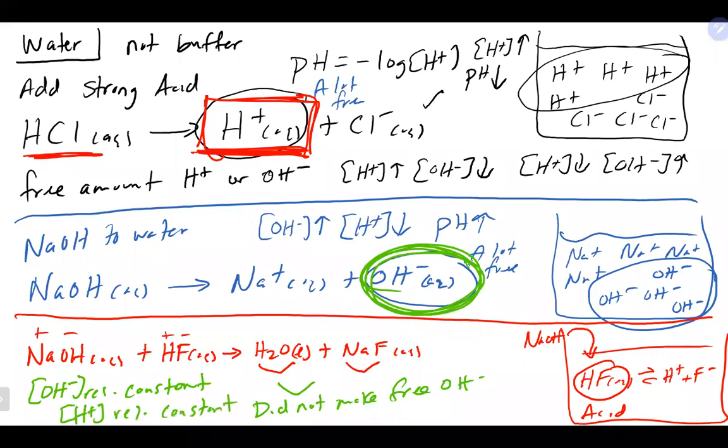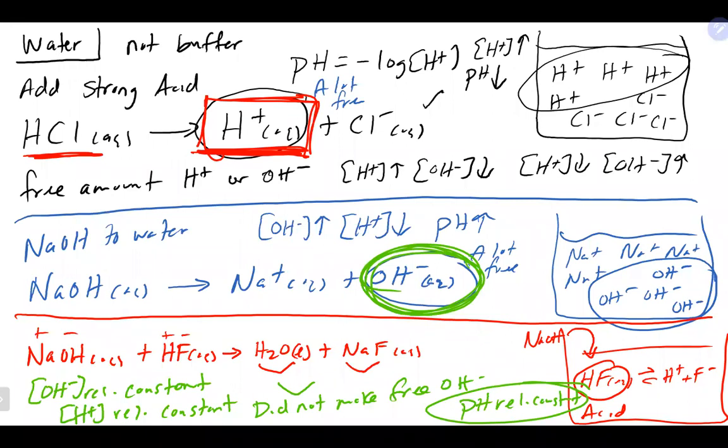And because both of those are pretty much not moving, the pH will stay relatively constant as well. So when you add a base to a buffer, because there is an acid part, it will prevent the formation of free OH minus in the solution. By doing that, it keeps the H plus concentration relatively constant, and the pH stays constant. First off, any questions on that there?